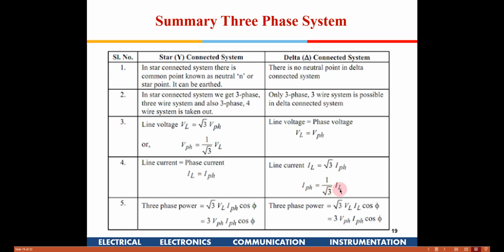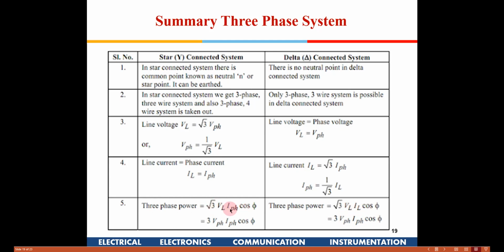Okay. And the power in both the cases is √3 times V line, that is line voltage, into the phase current. Here, because the phase current and line current are the same, I can write phase current into cos phi. Here also, whereas here you can write √3 times line voltage and line current into cos phi.